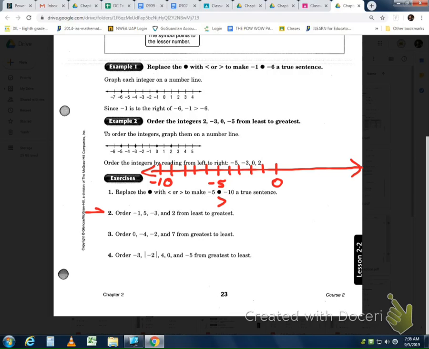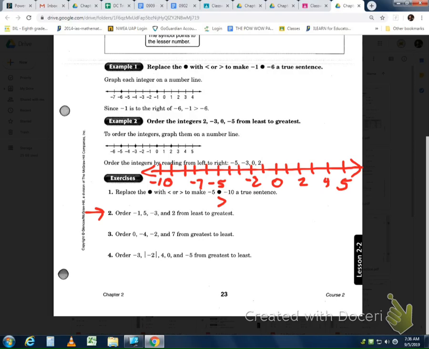Okay, number 2, ordering -1, 5, -3, and 2 from least to greatest. So let me add some over here. There's 5. Let me go 2, 4. Let's go -2, we'll go -7, just so that I have some of them listed here. I'm going to change the color for the dots.